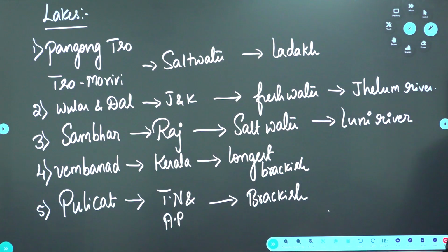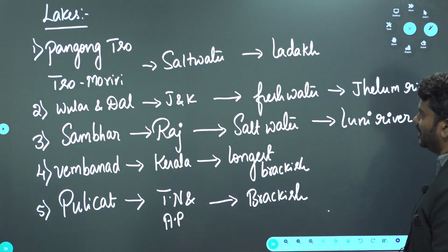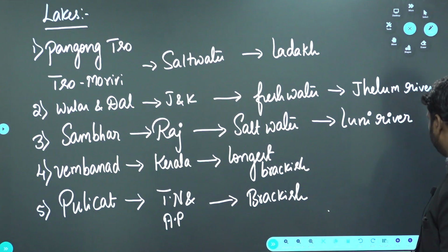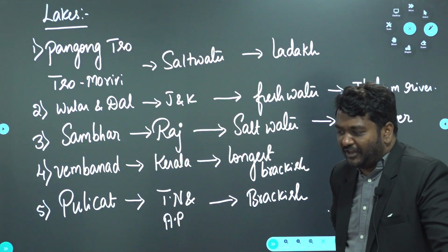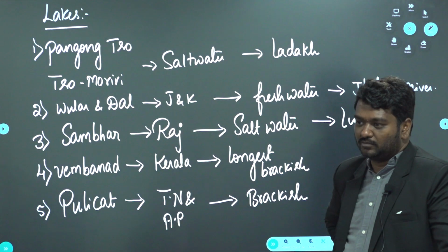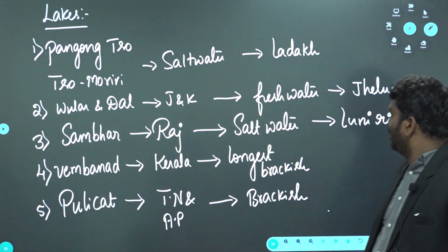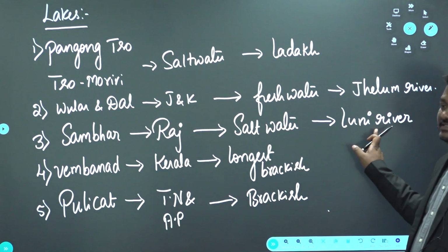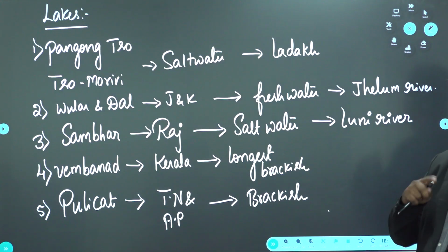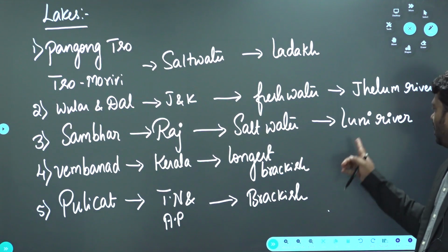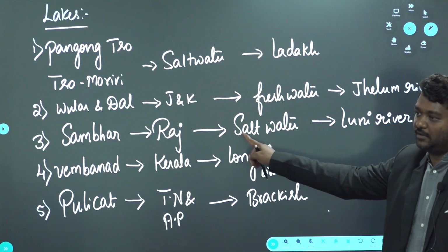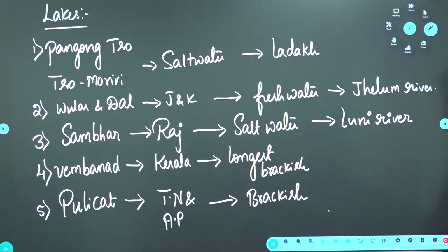Kaveri doesn't flow, guys. No river flows into it. And just have one clarity. Whenever rivers flow, mostly they become fresh, right? But Luni itself is salt water. The name Luni itself means salt water. That's why this is also a saltwater lake. Okay.